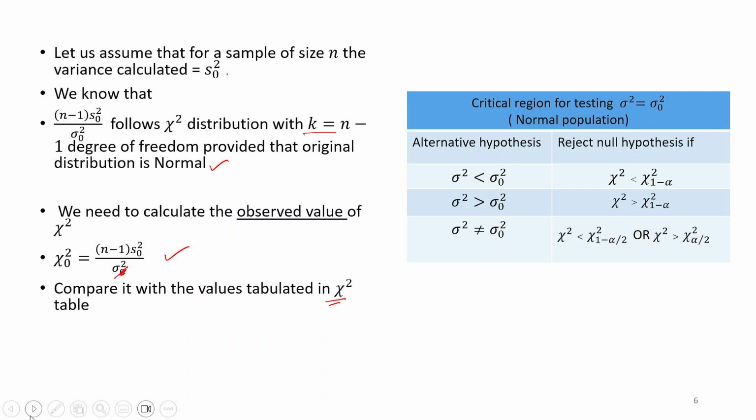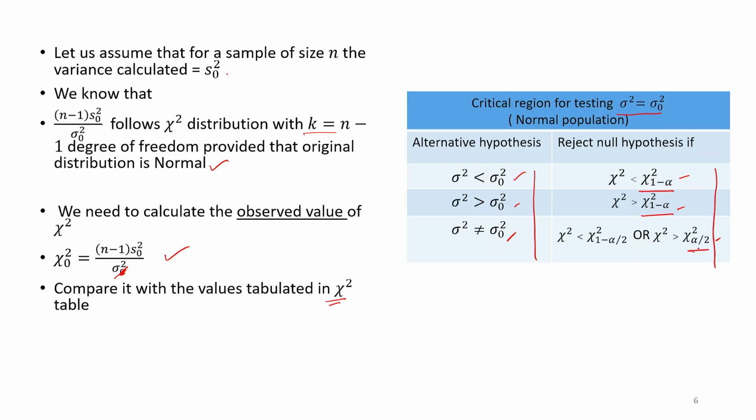Therefore, the critical region for testing sigma square equal to sigma square 0 for a normal population, the various alternative hypotheses, are listed here, and the corresponding rejection criteria are also given. There is a similarity in all the cases. From the table we have to get this value.